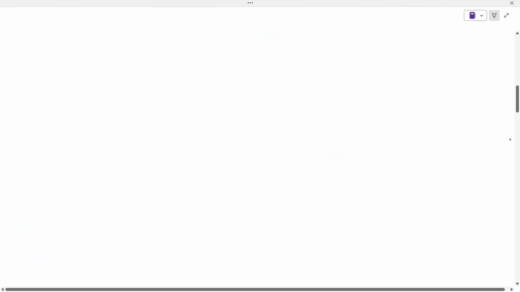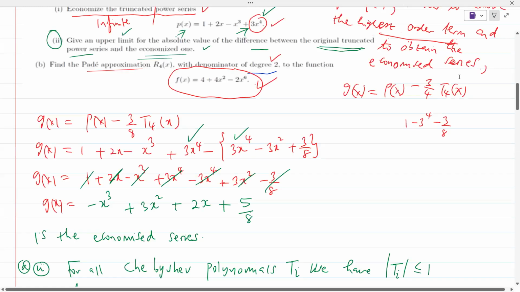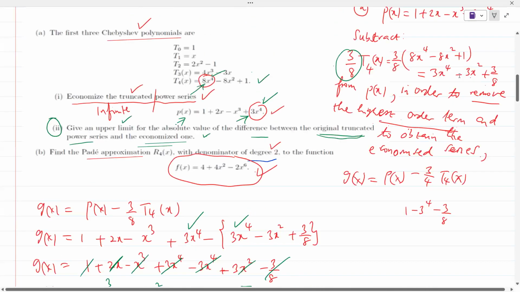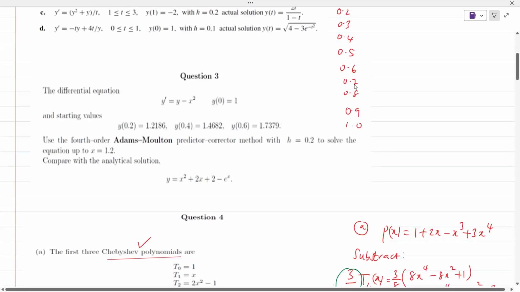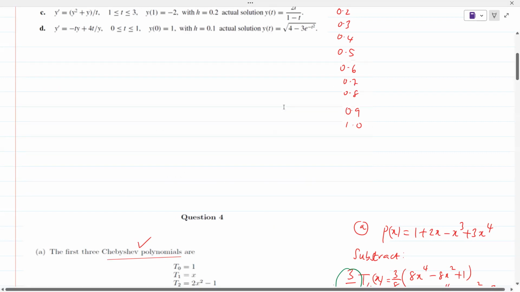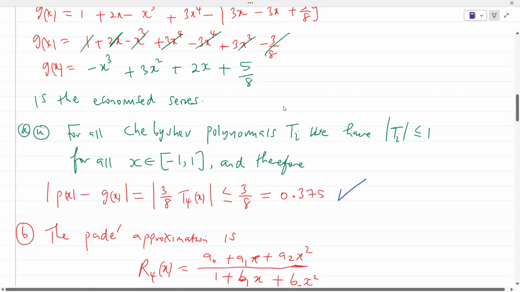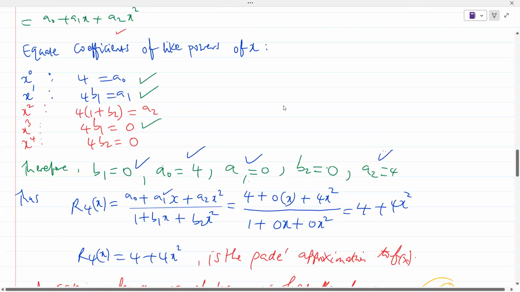The famous concept we have studied is the concept of the Adams-Moulton method. So I would like us to discuss the Adams-Moulton method.